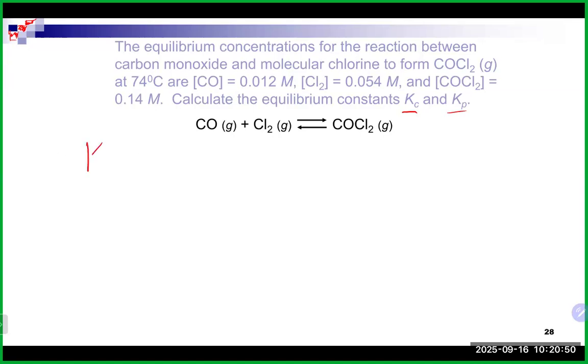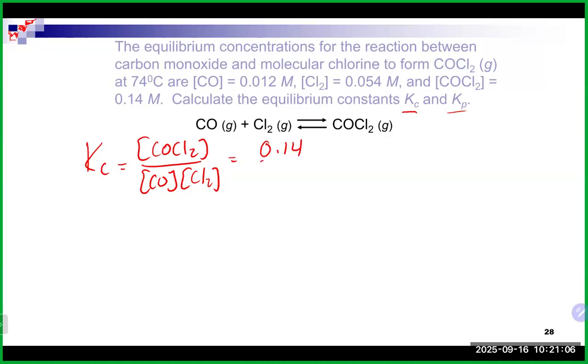We're going to do our Kc expression, which again is our products, which in this case is COCl2, divided by our reactants, which is CO and Cl2. Again, we're just going to put in our numbers in the right spot here, which would be 0.14 divided by our CO of 0.012 and 0.054 there, right?